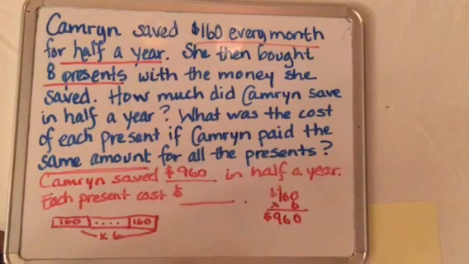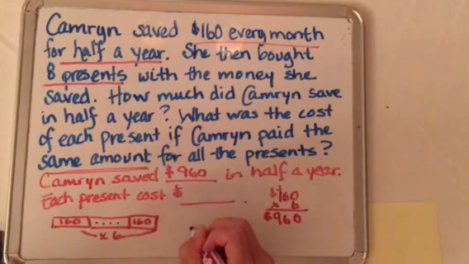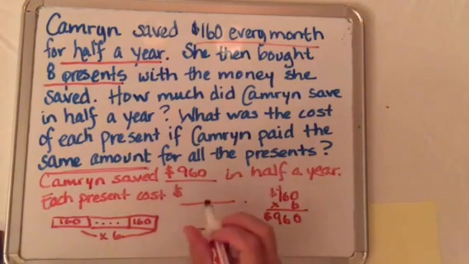So now I only have this much to solve. And I have to solve for how much she spent on each present if she bought 8 presents. So again, instead of drawing out my bar and having to divide it up 8 times, I can show that since it's the same amount, it just is repeated.